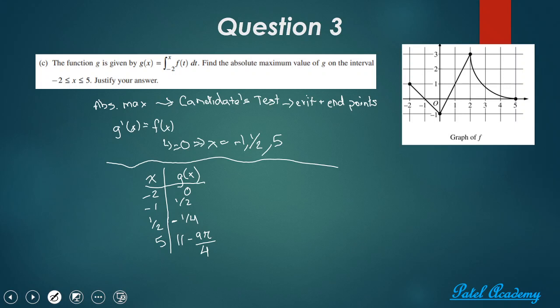And because of that, 11 minus your resultant value would have to be at least higher than 2. And so because of that, this value greater than or equal to 2 is going to be the maximum. So that occurs at x equals 5. And then justification by the candidates test.